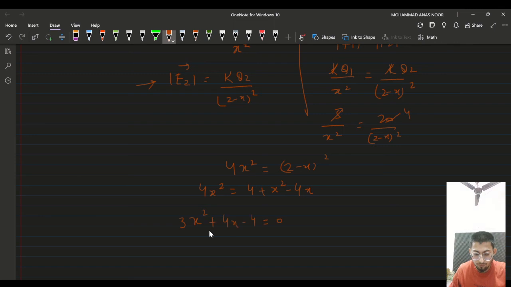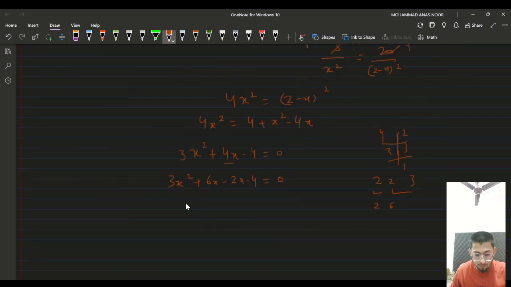Now how do you solve this? 4 threes are 12, so factors of 12: 6 and 2, 6 minus 2 is 4. So 3x square plus 6x minus 2x minus 4 equals 0, and 6 times 2 is 12, so we are getting everything right.